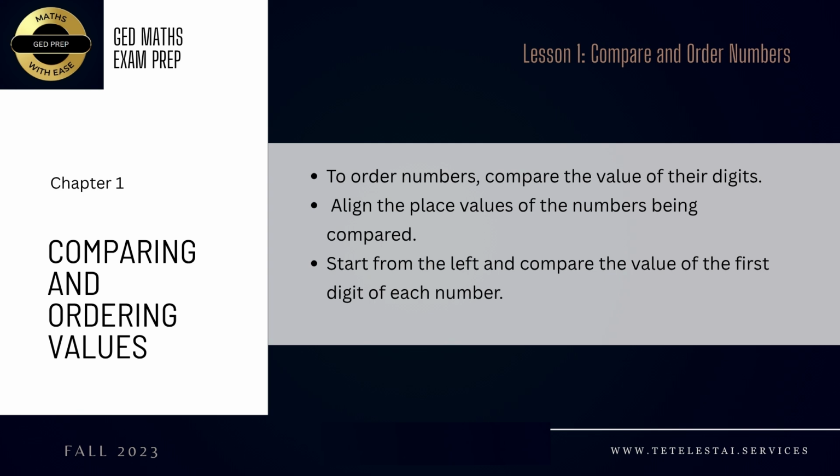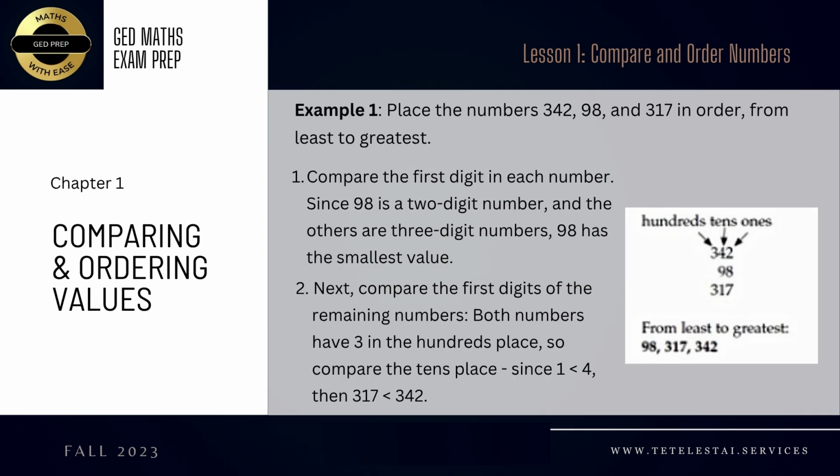Yes, that's exactly it. So you start by comparing the first digit in each of the numbers. And like you said, 98 only has two digits compared to the remaining numbers that both have 3 digits. And so you determine that 98 is the smallest number. And then you move on to the next. Looking at 317 and 342, remember that we start with the first digit on the left, right?